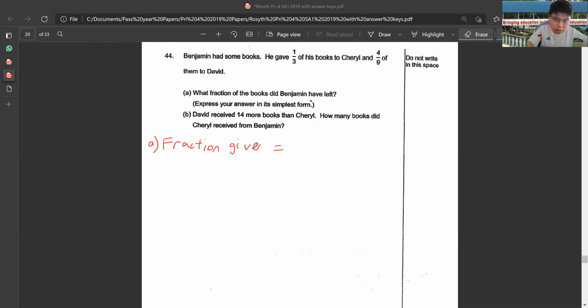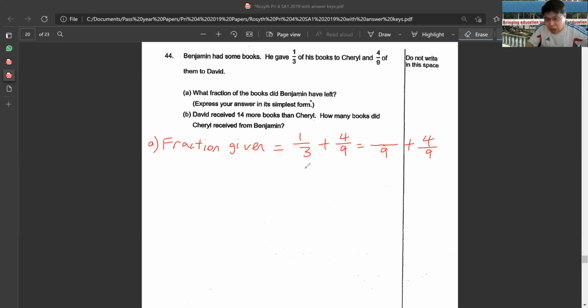The fraction that he gave, right? 1/3 is how many? You change the denominator to 9. You know why, right?